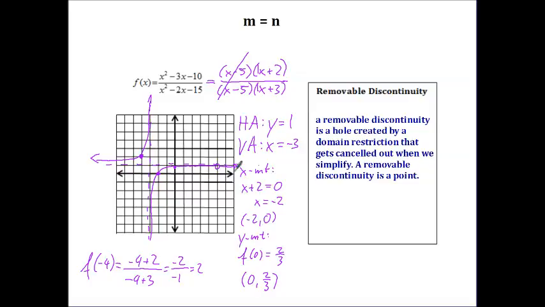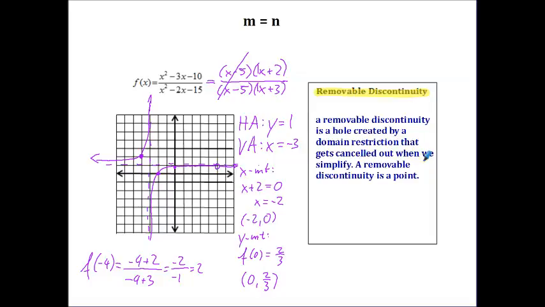This open circle, which is like a hole in our graph, is called a removable discontinuity. A removable discontinuity is a hole created by a domain restriction that gets cancelled out when we simplify.